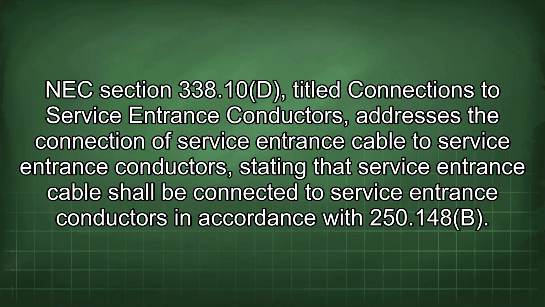NEC Section 338.10(D), titled Connections to Service Entrance Conductors, addresses the connection of service entrance cable to service entrance conductors, stating that service entrance cable shall be connected to service entrance conductors in accordance with 250.148(B).